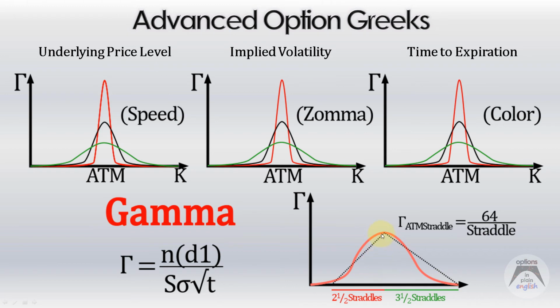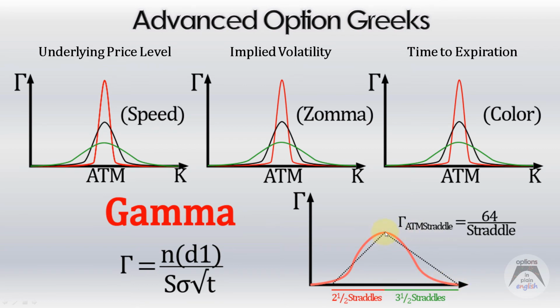But if you take advantage of the fact that from the at-the-money, 2.5 straddles down and 3.5 straddles on the way up, this curve approaches a line here, you can assume and you can approximate a linear distribution of gammas in this range from the at the money 2.5 straddles down and 3.5 straddles up.